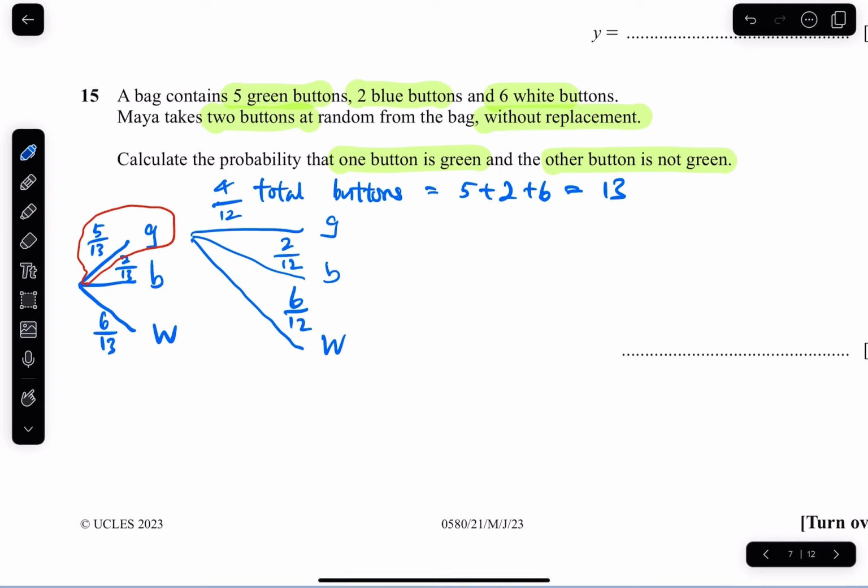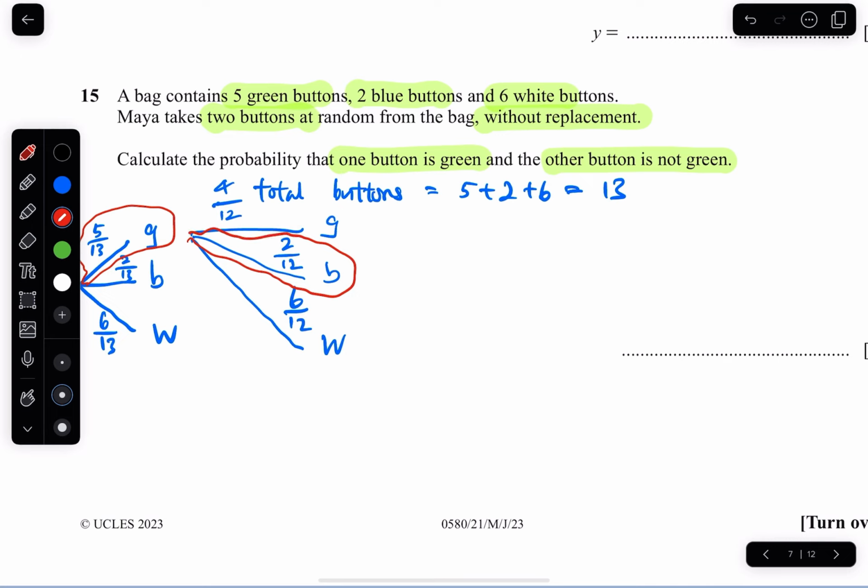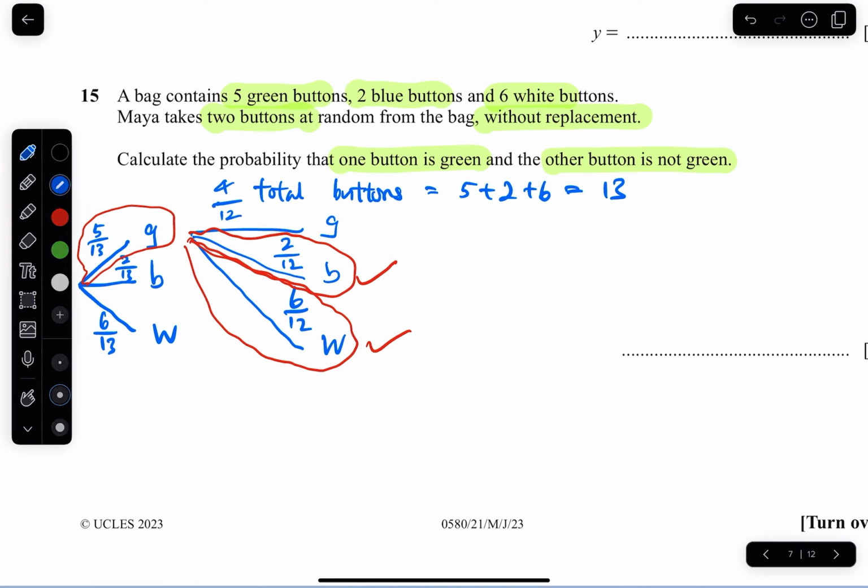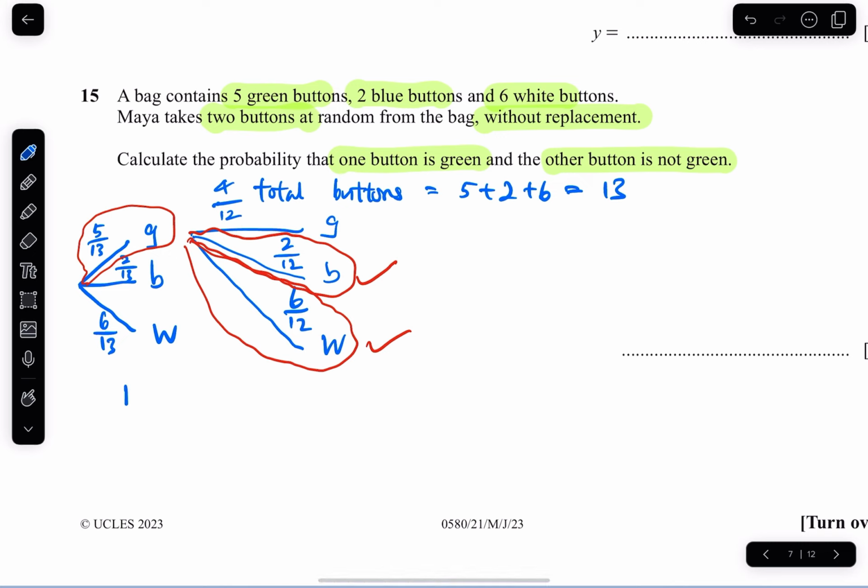So if we look again, because we want the other button to be not green, we will be following this path, which is blue, and this path, which is white. So what we want is actually the probability of green then blue plus the probability of green then white.